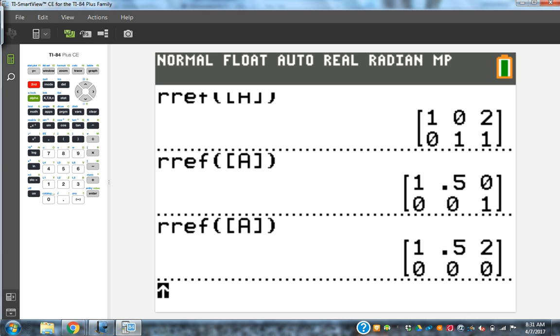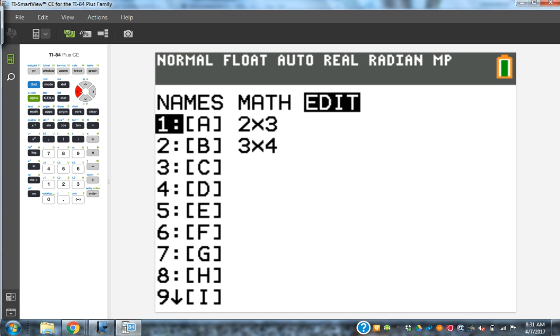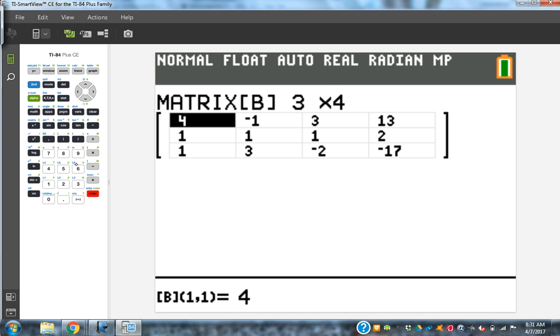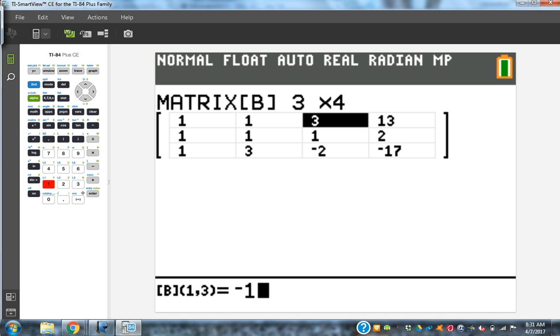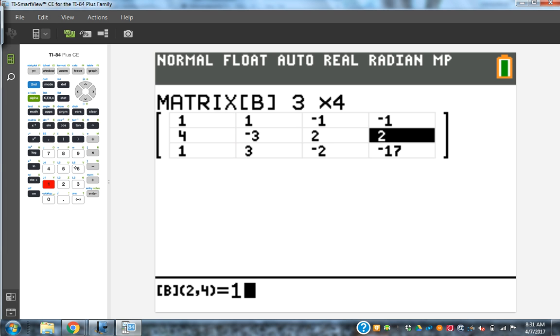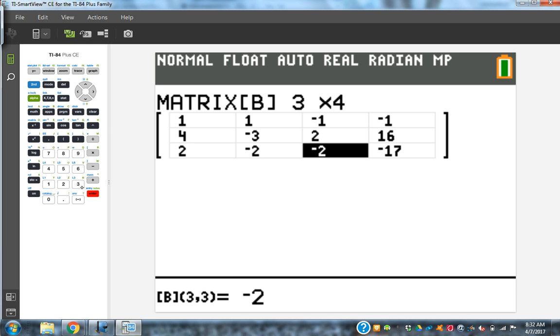So, second matrix. I'm going to use matrix B because I already got one that's 3 by 4 size. I usually just keep one that size in there. 1, 1, -1, -1. 4, -3, 2, 16, 2, -2, -3, 5.